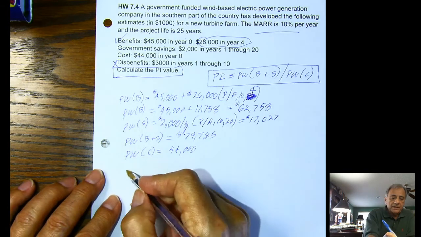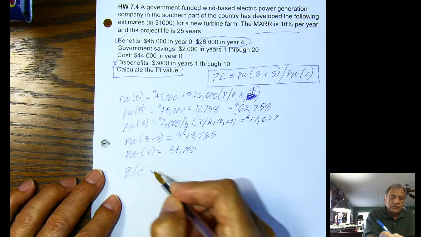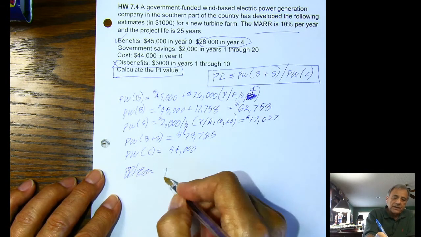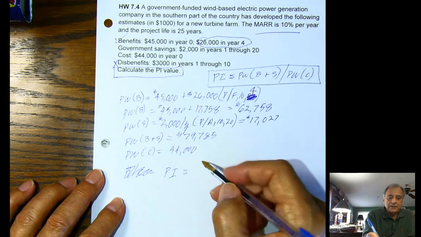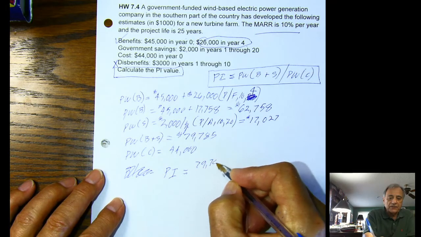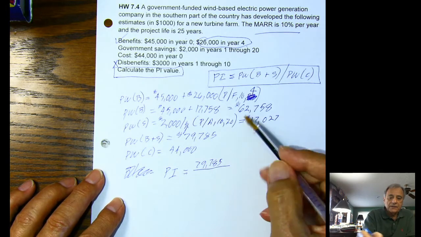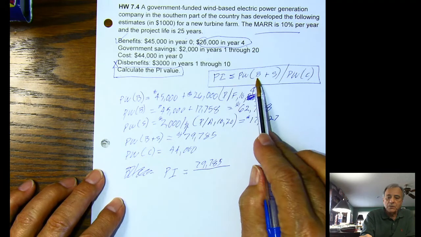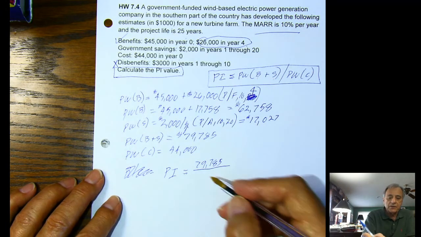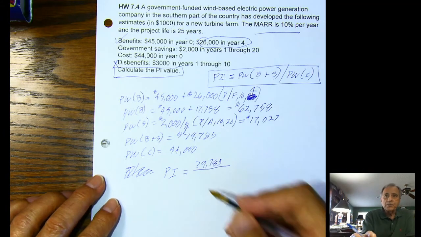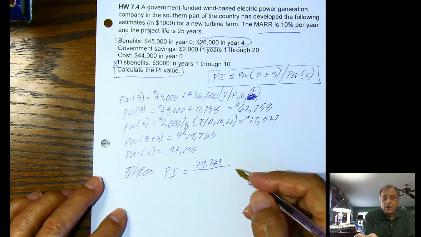So the PI, profitability index ratio, is 79,785. That's the present worth of the benefits plus the savings, which is just considered another benefit in the profitability index.